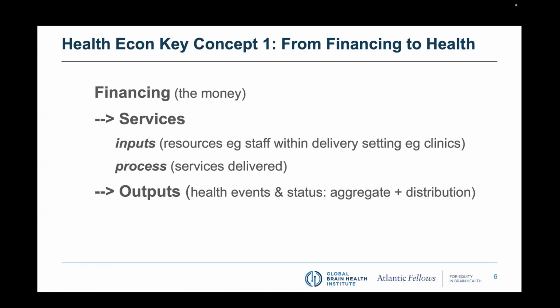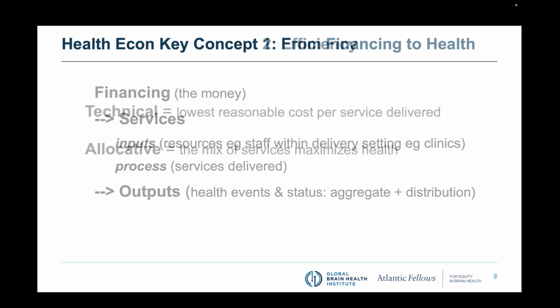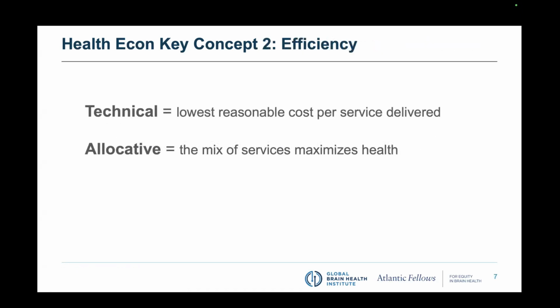All of this leads to outputs or outcomes, that is, health events and health status, both in the aggregate and the distribution among individuals. In summary, money generates services which advance our health goals. How well the system translates financing into health is efficiency.